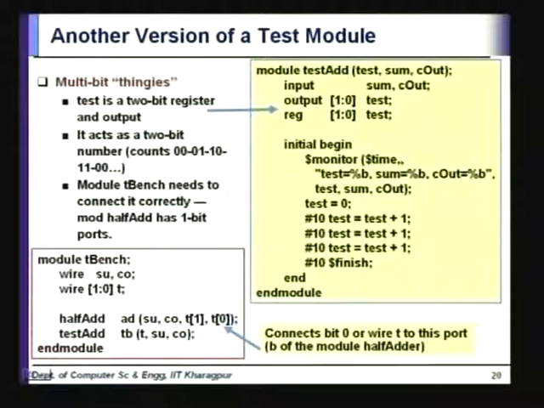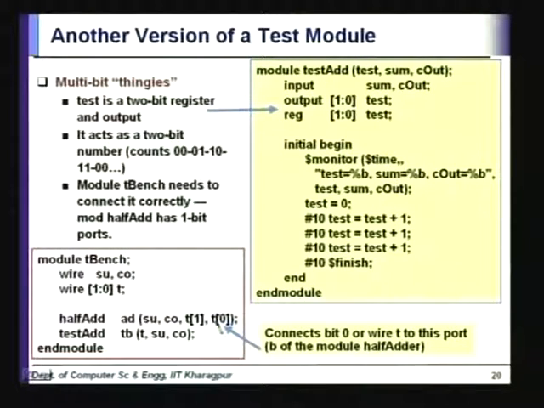The module testbench needs to connect it correctly. The module half adder has 1-bit ports. So if you declare this as a 2-bit wire, then this has to be declared as T1 and T0. Is that clear?